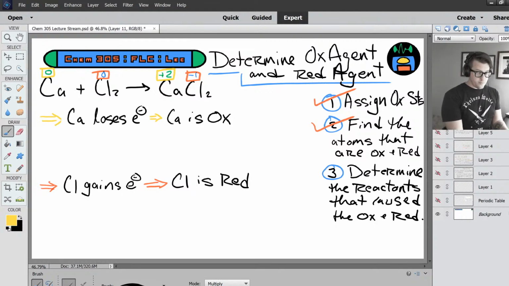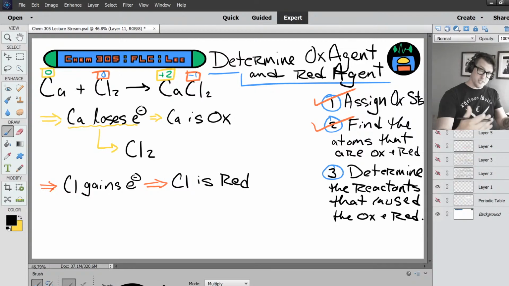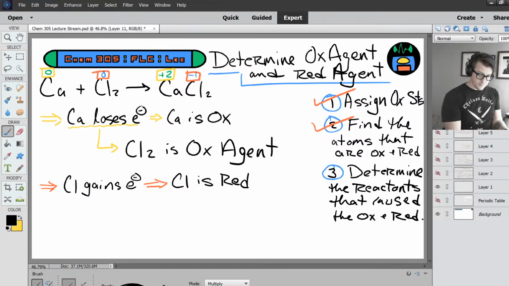All right, so the question is, what reactant reacts with calcium to cause the loss of electrons? And the answer is Cl2. Cl2 is the reactant that caused the loss of electrons in calcium. So Cl2 is the oxidizing agent. Chlorine gained electrons.